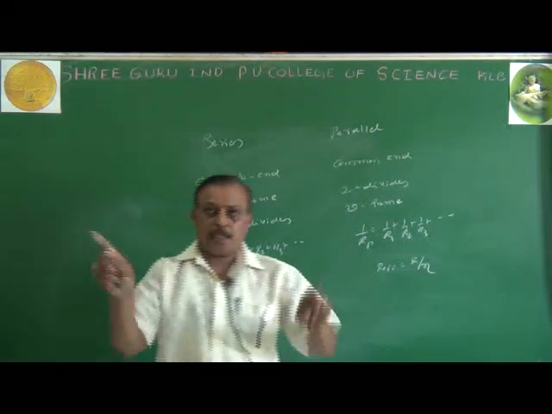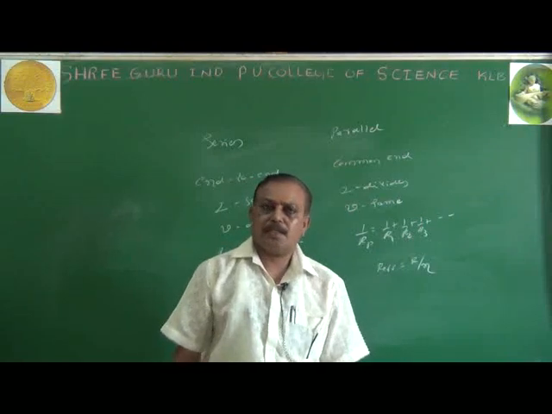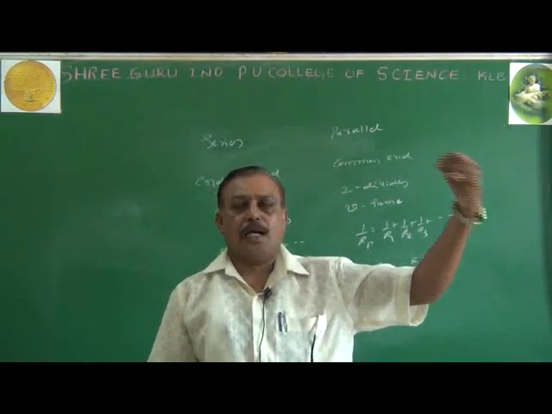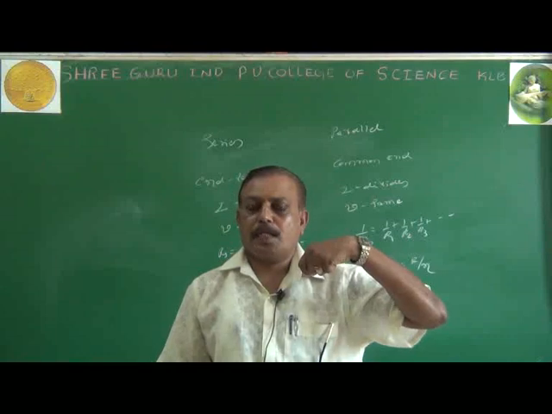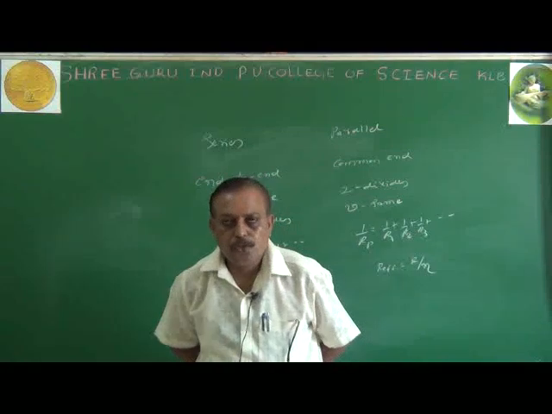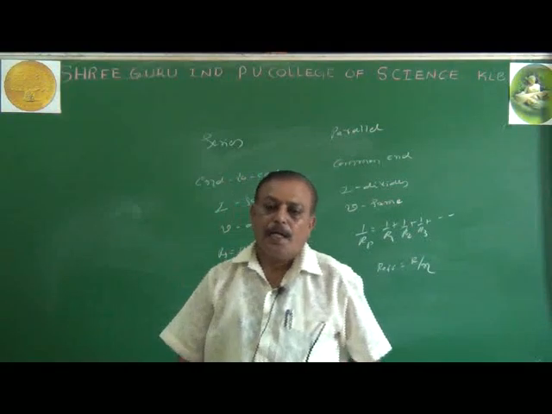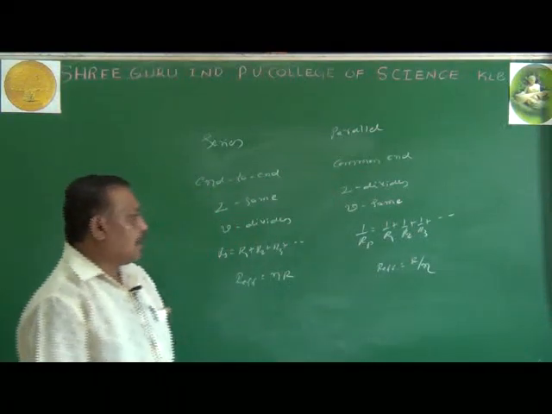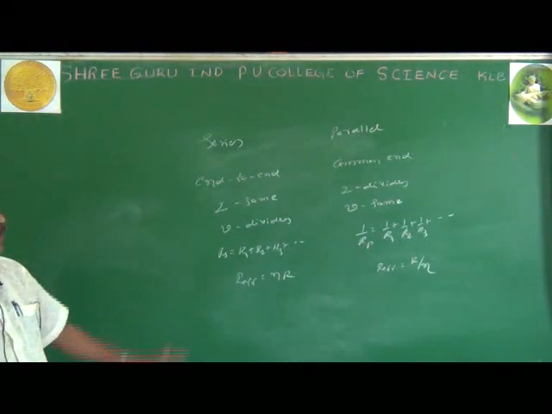We want the current to be divided. Wherever necessary, we opt for that device, and unnecessary devices are switched off. That is possible only by using parallel combination. Is it clear?